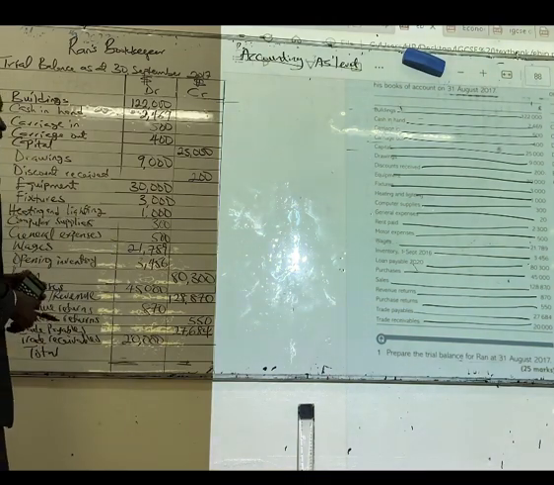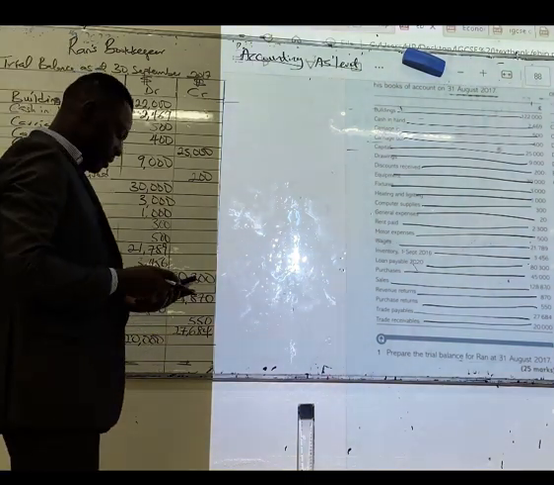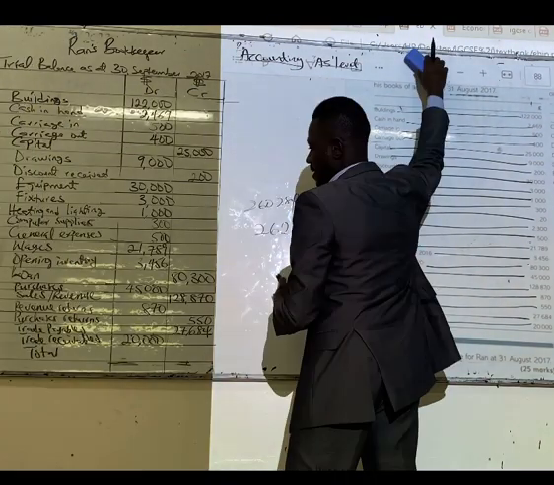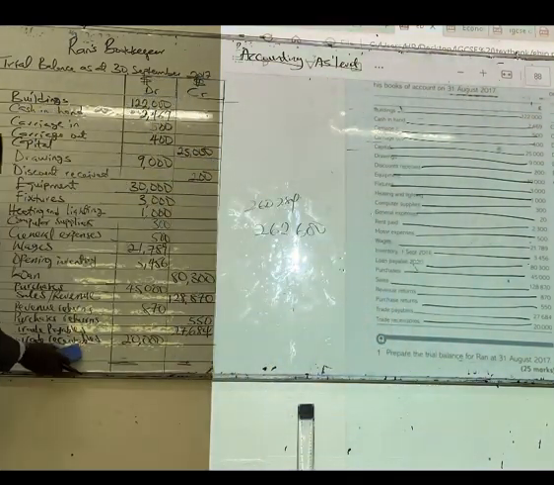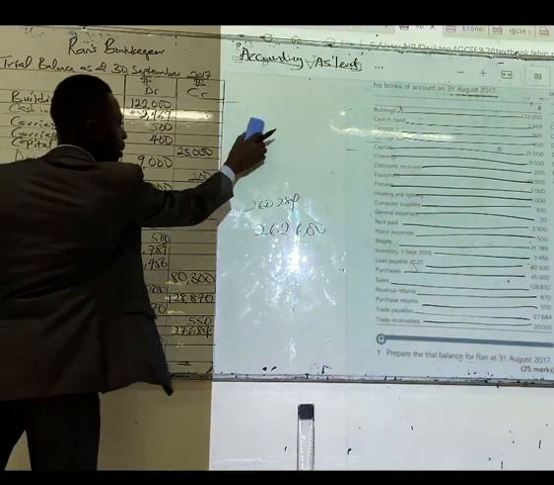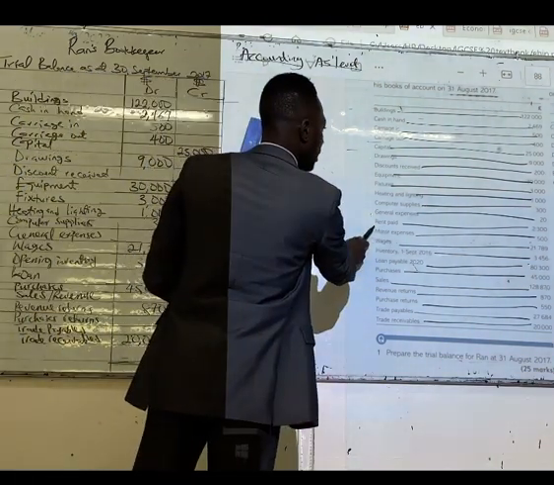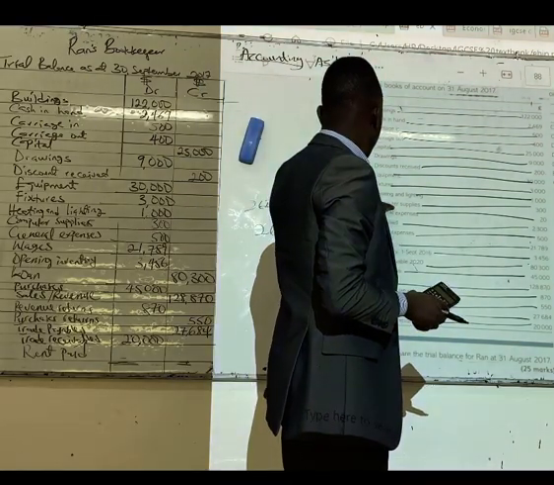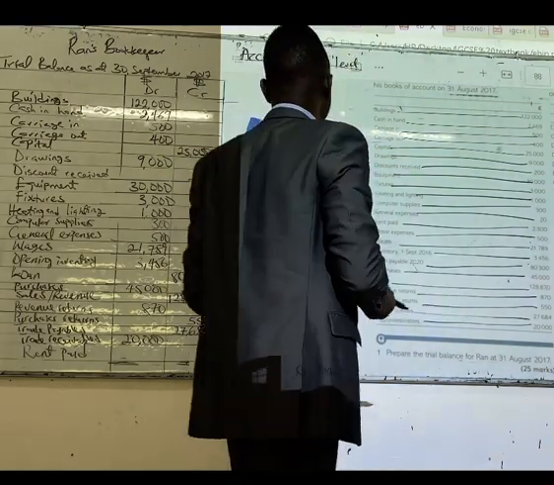Now, we check if our trial balance balances. Rent paid for the total. We have rent paid for 2,300. Oh, we have a lot of things missing here.